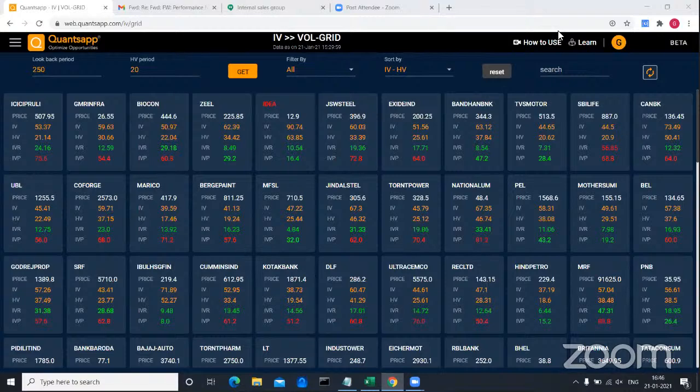Suppose I want to see the number of days the volatility was less than today's IV. Suppose the IVP currently running is 90, 90% is my IVP, then it will tell you that the current volatility traded below.